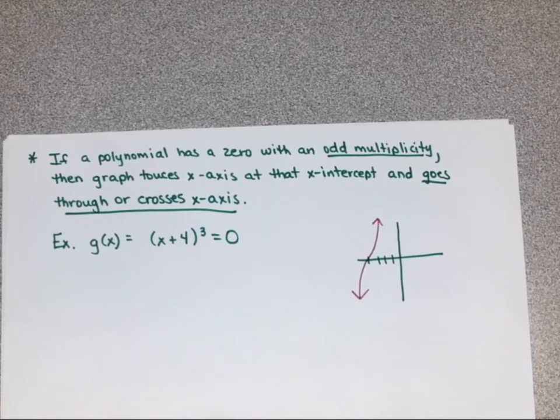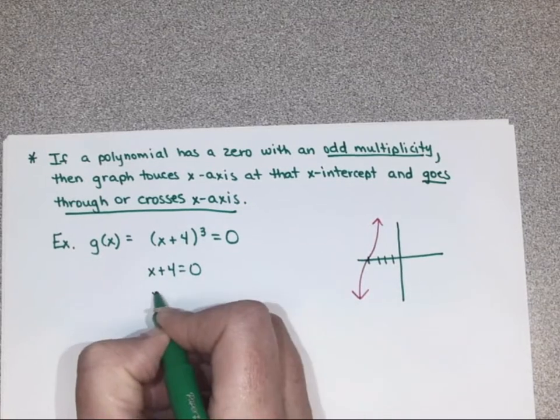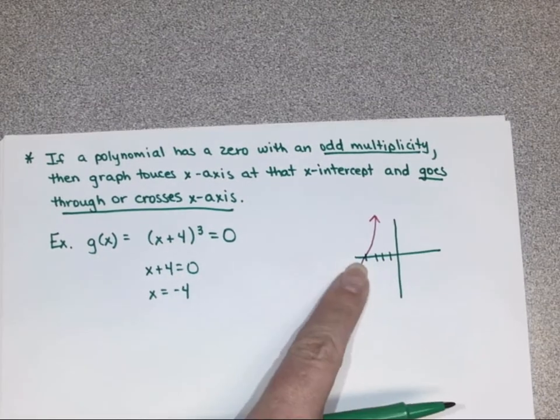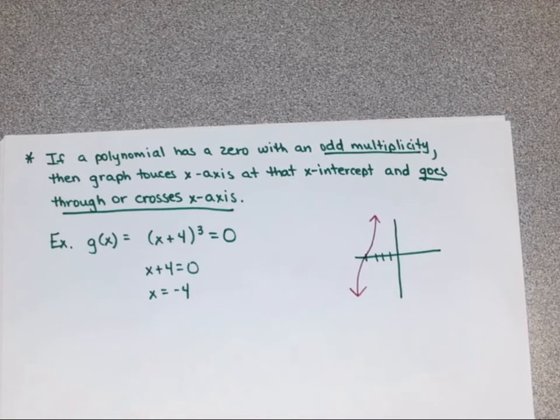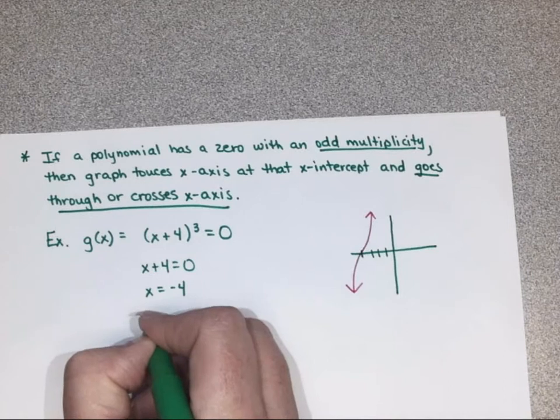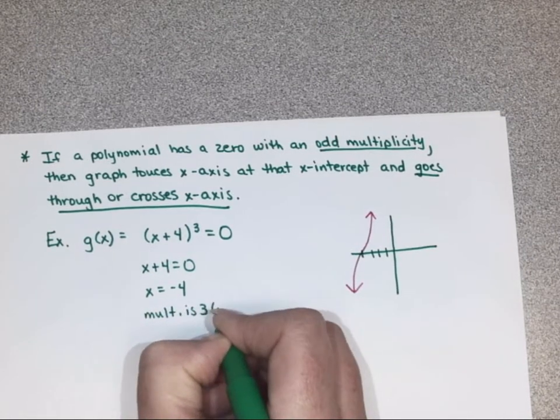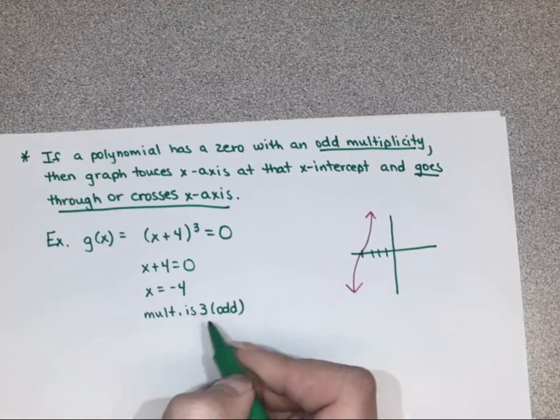But if we were trying to find out what the x-intercept is, right, we'd set this parentheses equal to 0, and so of course we'd get -4, and that's what we showed here, right? But what do you notice about the power or the multiplicity of that root? It's 3, which is what kind of number? Odd. So rather than it being even, it's odd, okay?